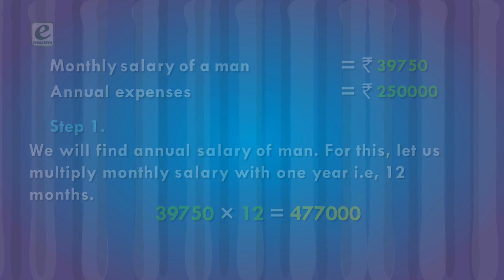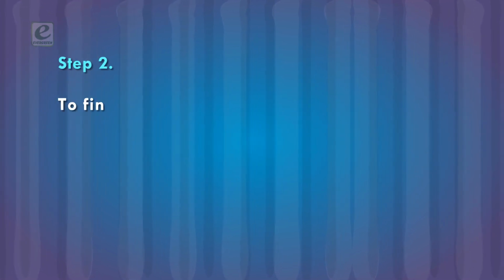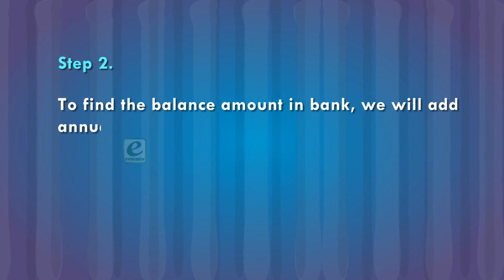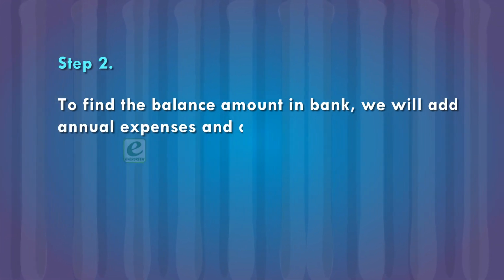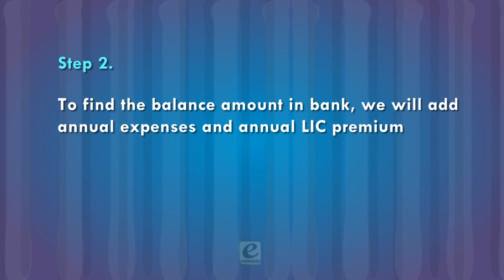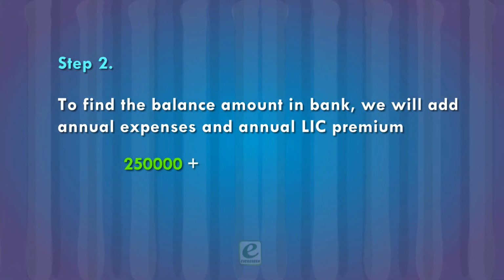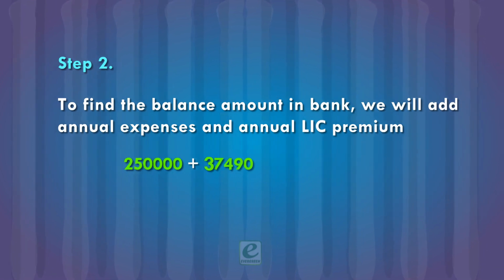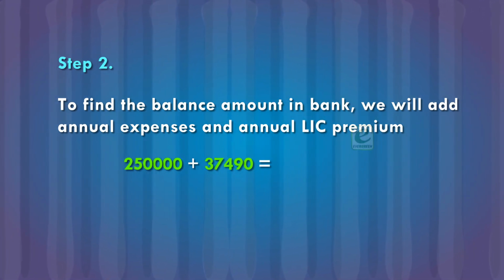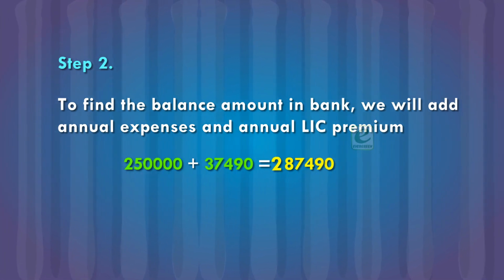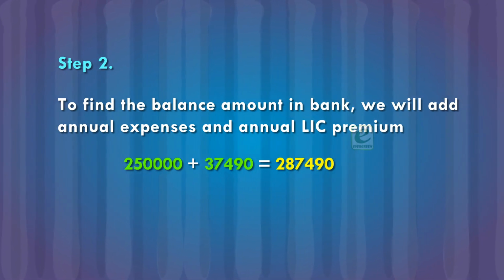4,77,000. In step 2, to find the balance amount in bank, we will add annual expenses and annual LIC premium, that is 2,50,000 plus 37,490 equals to rupees 2,87,490.